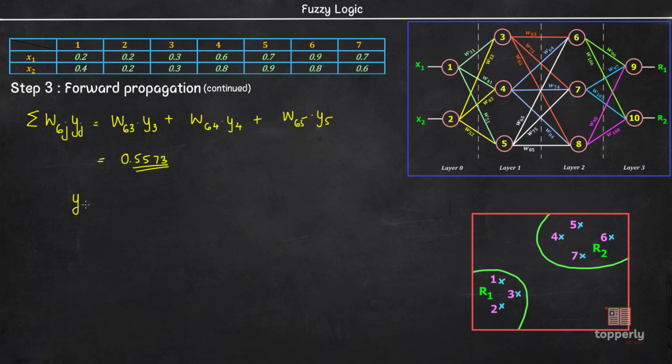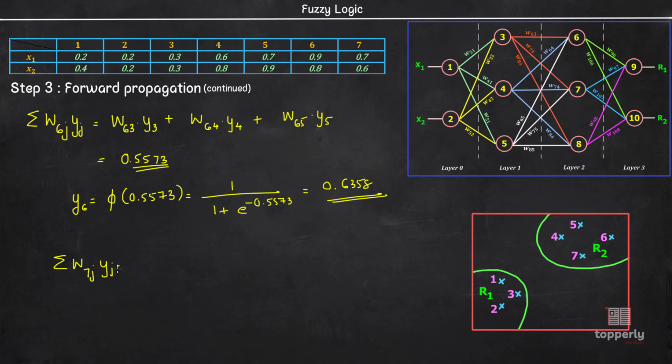Therefore, y6 equal to phi of 0.5573, which is equal to 1 by 1 plus e raised to minus 0.5573, or 0.6358.